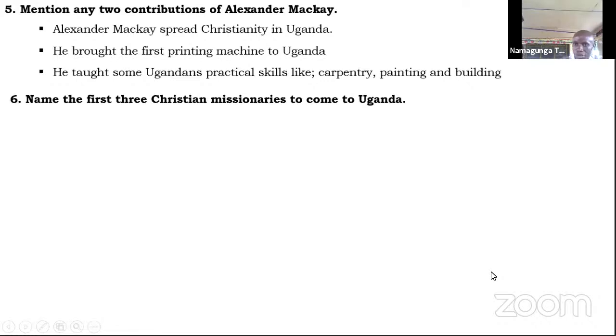You can give us one. Name the first 3 Christian missionaries to come to Uganda. Alexander Mackay. Oh, Namudu, you have missed that one.